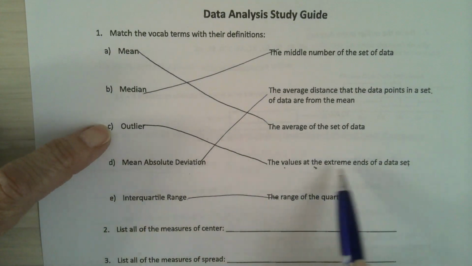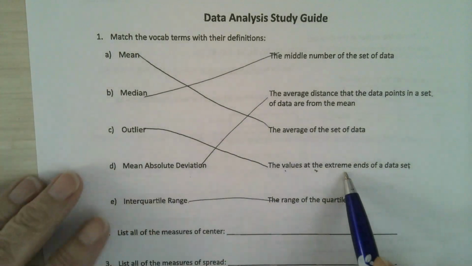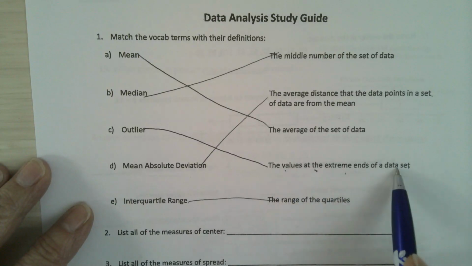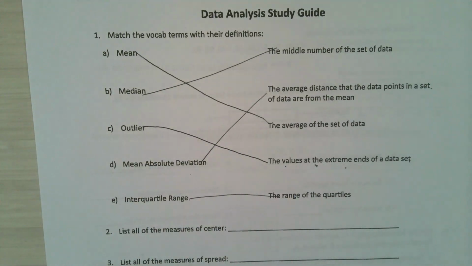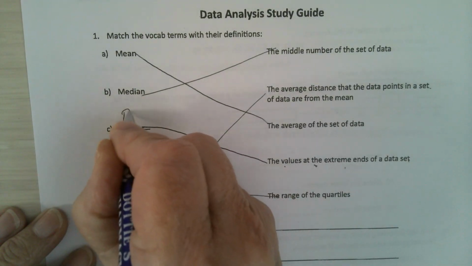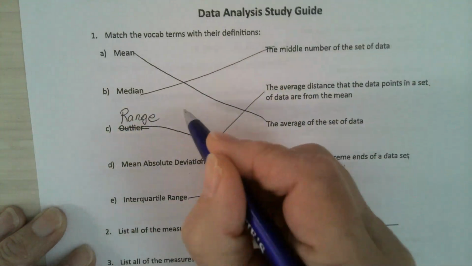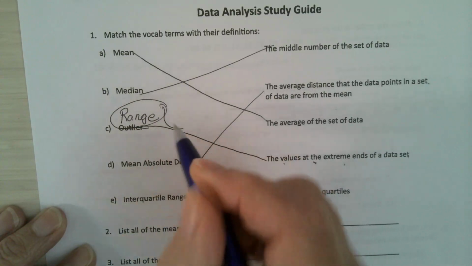Technically, that's really not a good definition for outliers. The values at the extreme ends, that really would be the definition for range. So let's mark out the word outlier for this and put the word range. The range would be this.